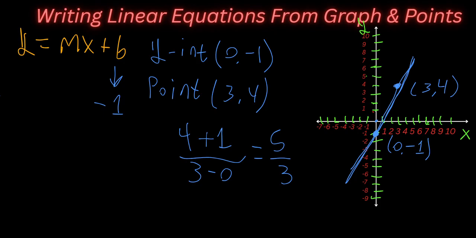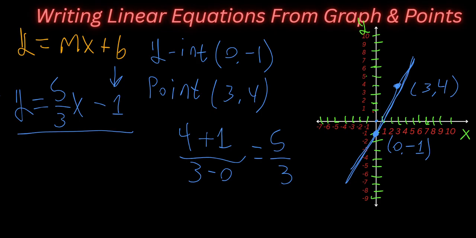So at this point, we've actually solved the problem, because we found all the unknowns. Y equals 5 over 3x minus 1. We took the line, the points, and we found slope-intercept form.